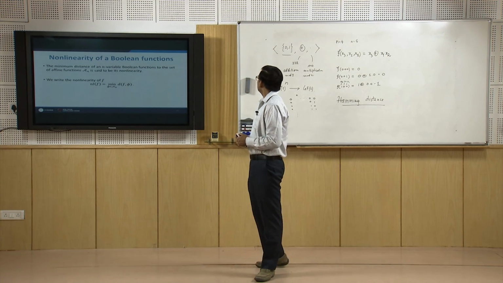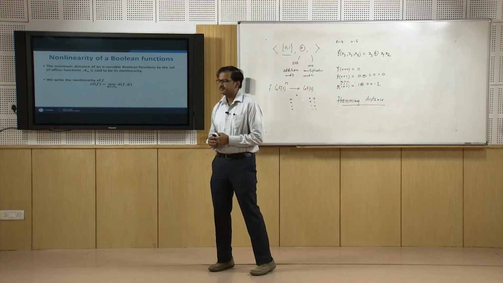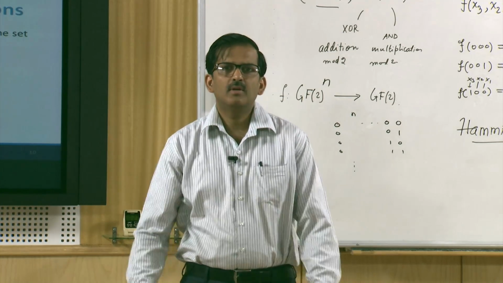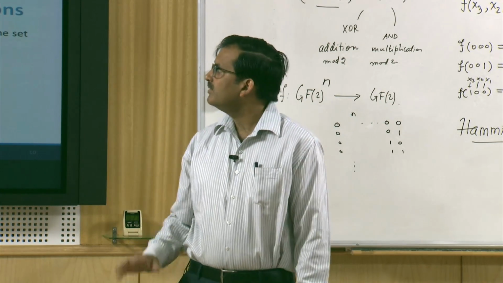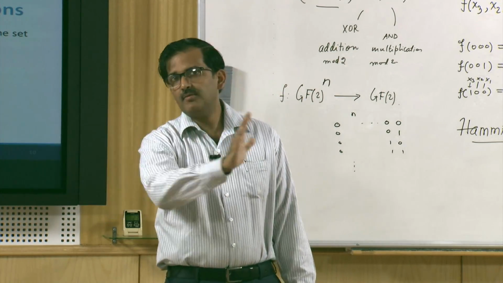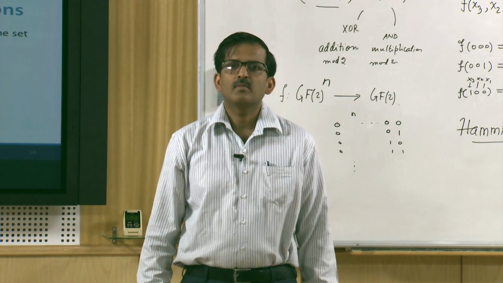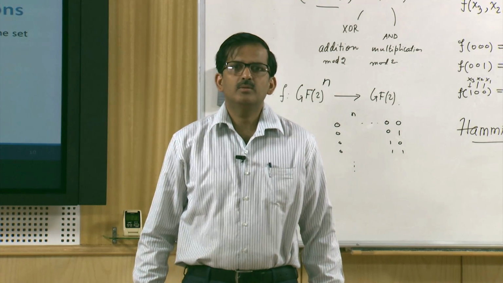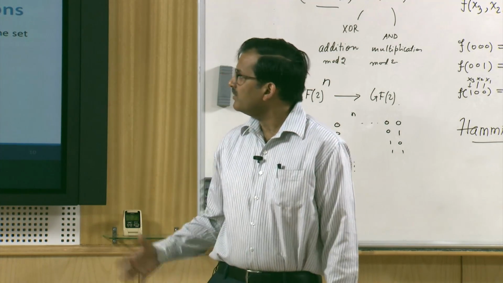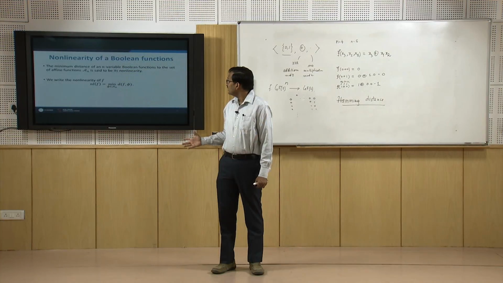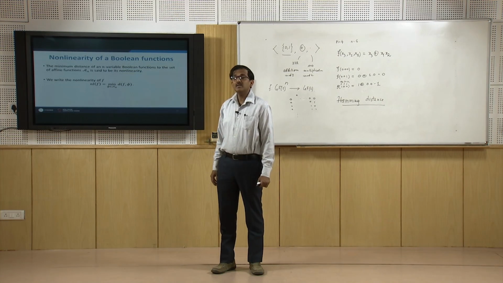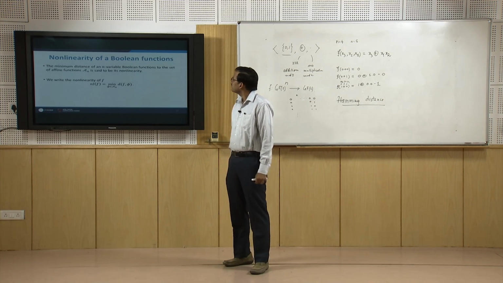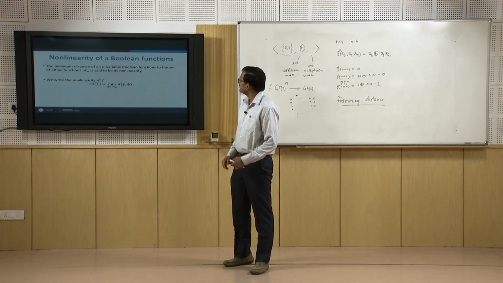Suppose we have a Boolean function, we think of it as a string of length 2 to the power n, and we are considering the set of all affine functions, and we are considering the Hamming distances of each affine function to that particular Boolean function. And if we find the least Hamming distance, then that least value is called the nonlinearity of the function.